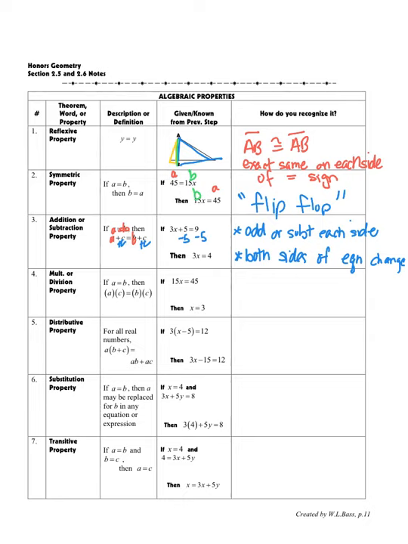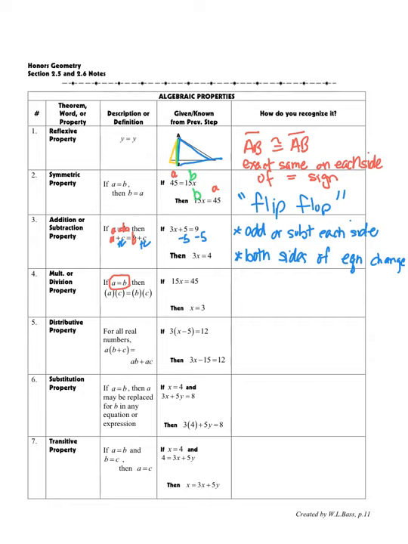Our next one is to be able to multiply or divide, the multiplicative or division property. If we start out with something that is equal to each other, A equals B, we can multiply or divide both sides by the same constant, and both sides of the equation will change but still be equal.